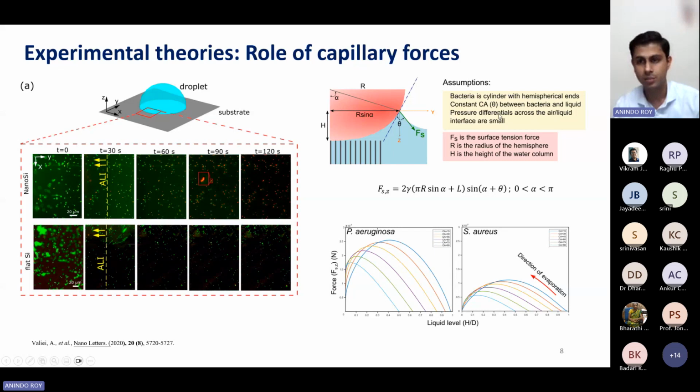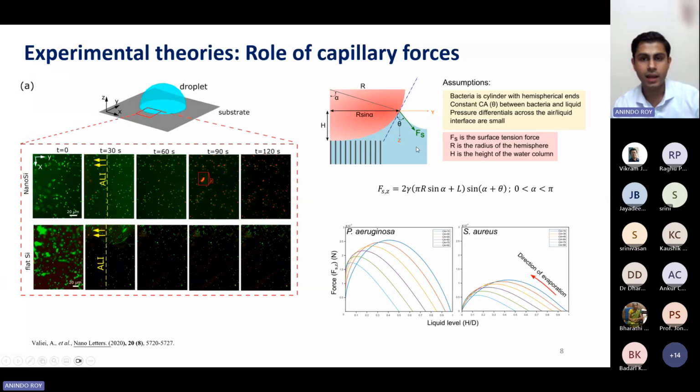And there are certain assumptions. So, for example, we assume that the contact angle of the bacterial cell wall with the liquid is constant and it does not change. And also, when this sort of meniscus passes through the bacterial cell, there will be pressure differentials, which we assume to be very small or negligible.